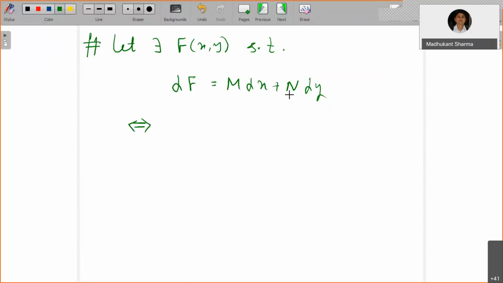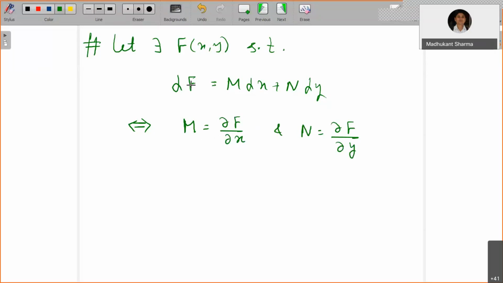This happens if and only if, since dx and dy are the small elements along the x-axis and y-axis, independent, you can show that M equals dou F by dou x and N equals dou F by dou y. So this capital F can be obtained by solving these two equations.